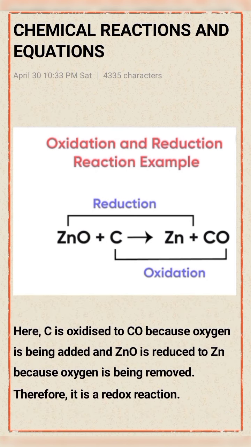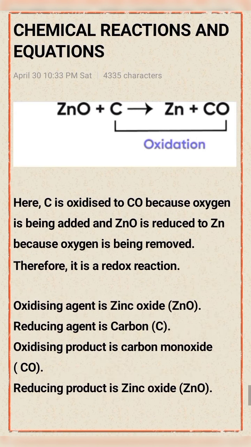Here C is oxidized to CO, carbon monoxide, because oxygen is being added, and ZnO, zinc oxide, is reduced to Zn because oxygen is being removed. Therefore, it is a redox reaction. Oxidizing agent is zinc oxide ZnO, reducing agent is carbon C, oxidized product is carbon monoxide CO, and reduced product is zinc Zn.